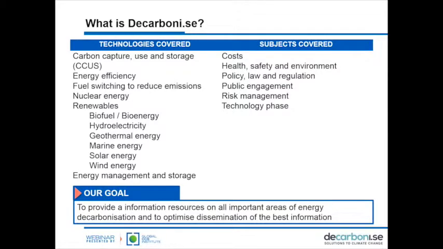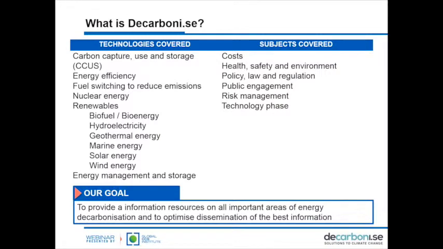The next point in understanding what Decarbonize is, is to understand what's on Decarbonize. If you look at these two columns here, we talk about the different technologies that we cover and the different subjects that are covered on those technologies. As you would expect from the Global CCS Institute, we have information on CCS on the platform. But where we've evolved our approach from what we've done in the past is that we've also got quite a bit of information on other key technologies for decarbonization.